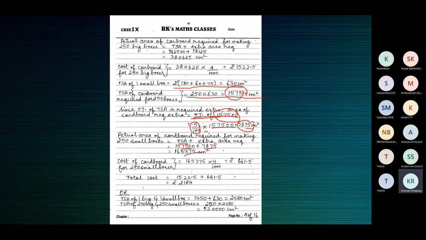Now I'm reading the question for you. Shanti Sweets Stall was placing an order. The sweet stall will make sweets, but it will not manufacture the boxes. They'll order boxes from a factory or an industry which makes boxes.